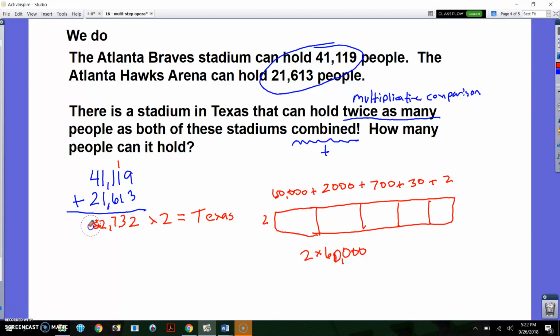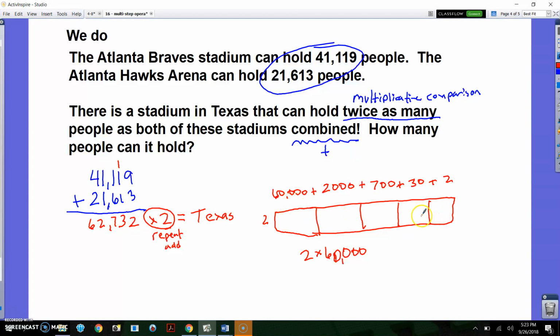So if you look at this and you say to yourself, oh man, that's just too scary, I don't want to try to multiply this number up to the 10,000s by 2, I can use a pretty easy old strategy when I multiply by 2. I could just use repeated addition, which I think I'm going to do. If you're comfortable multiplying like this, go for it.